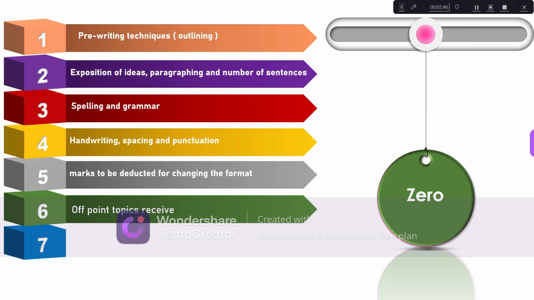An important notice here: off-point topics will receive 0. Let's take for instance, if you were asked to write about diwaniyas and you used advantages and disadvantages of diwaniyah. So in this case, all marks will be deducted.